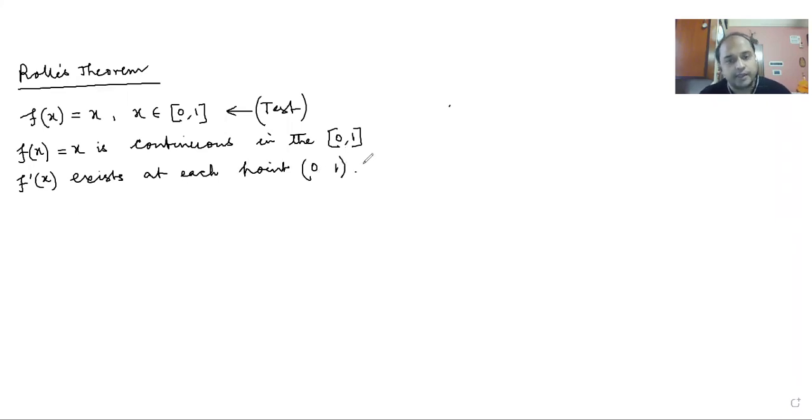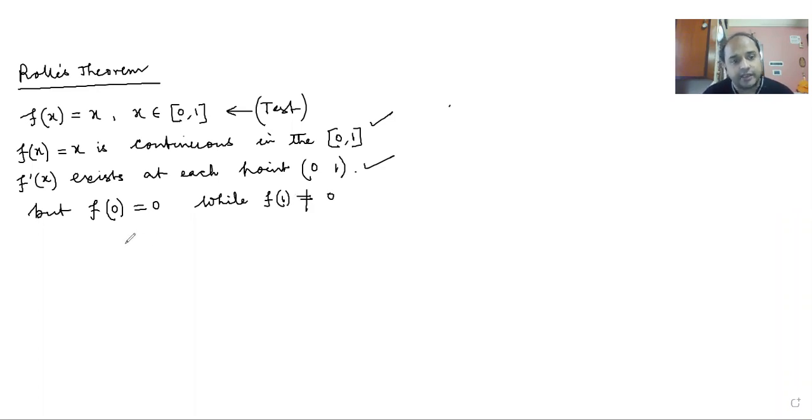So two criteria are satisfied, but f(0) is equal to 0, while f(1) is not equal to 0.